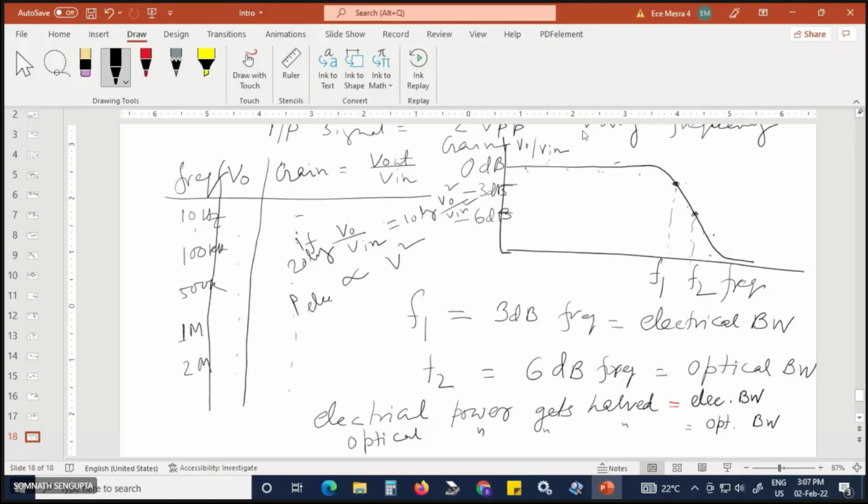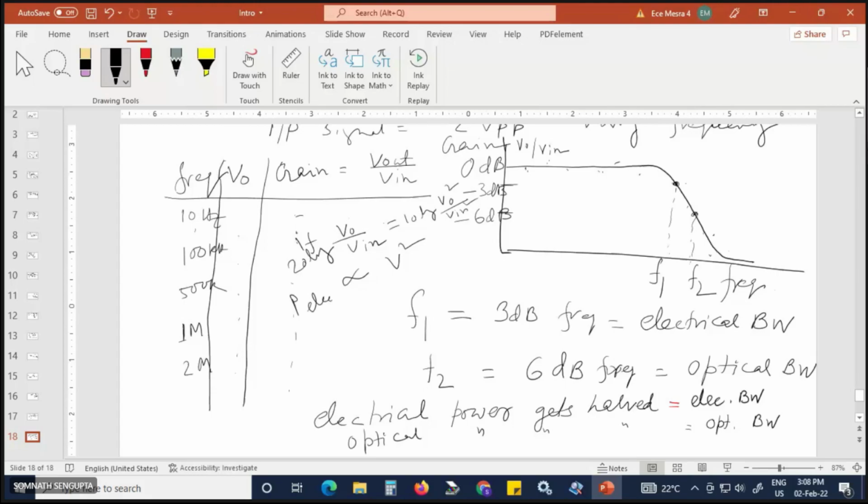So at this frequency where the electrical power gets halved, that corresponds to electrical bandwidth. Ratio of output voltage square by input voltage square.